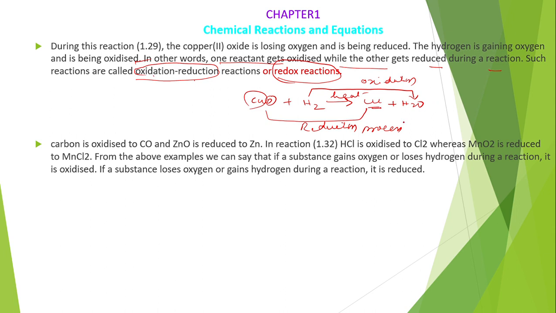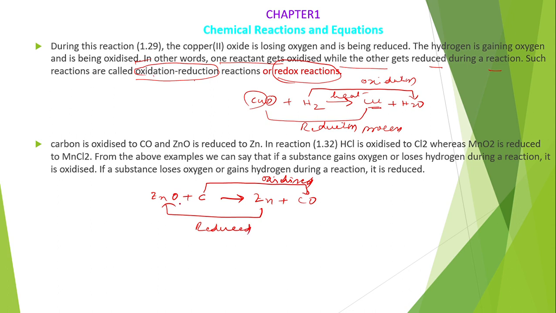Now some other examples we will see. ZnO plus carbon gives Zn plus CO. See, carbon is oxidized. What about this? ZnO is reduced.